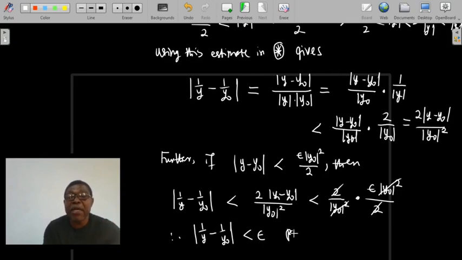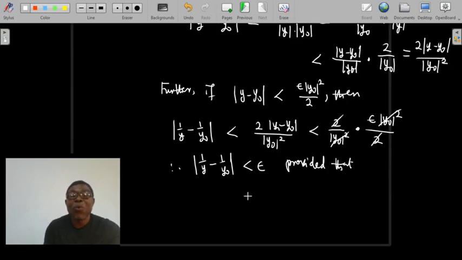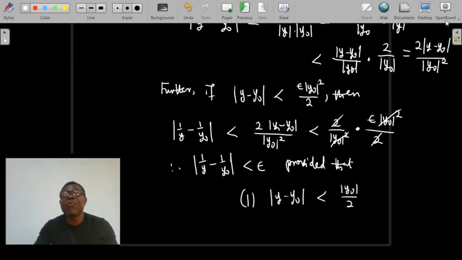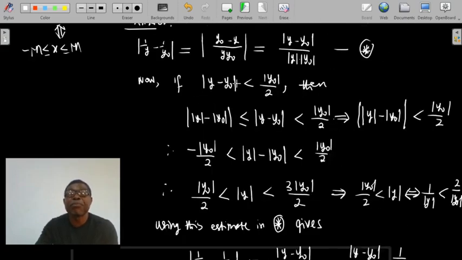But provided that, 1, absolute value of y minus y naught is less than absolute value of y naught over 2. That's the first condition I placed above. This is it here.